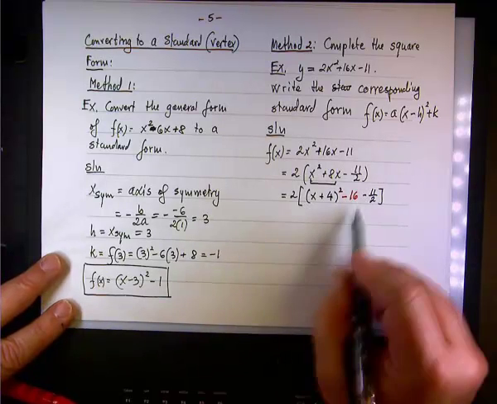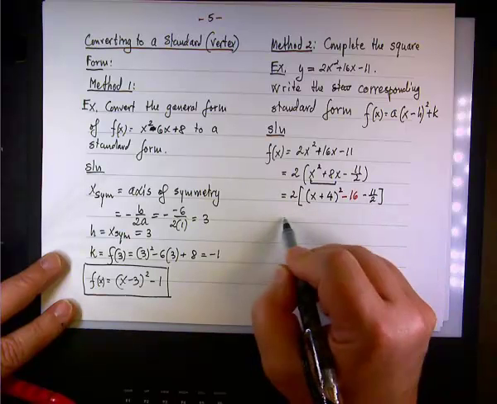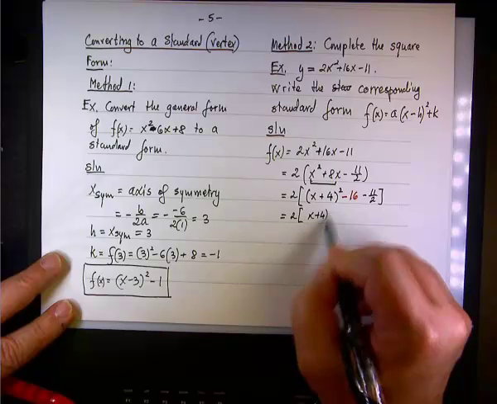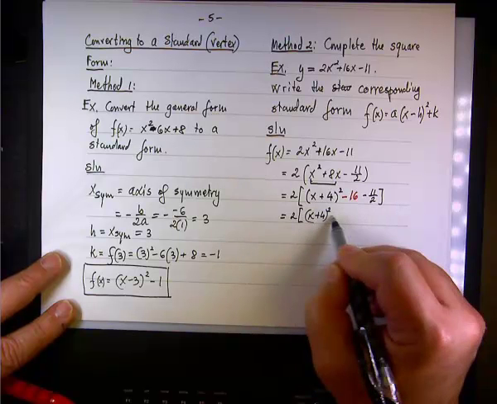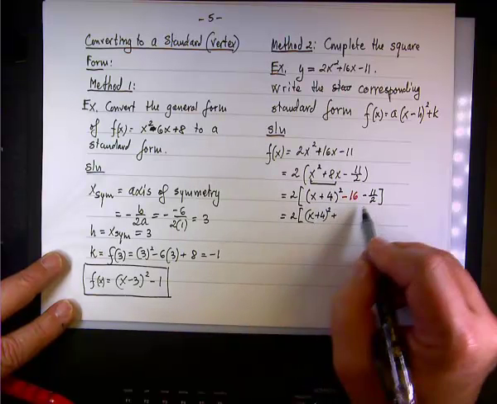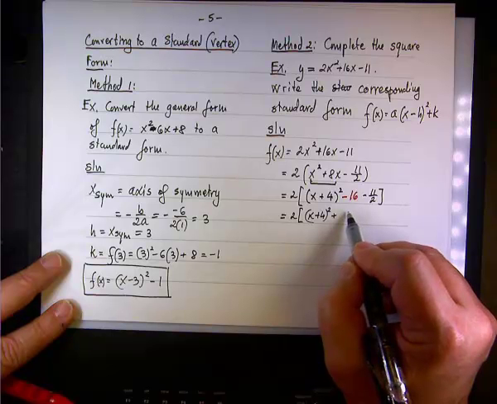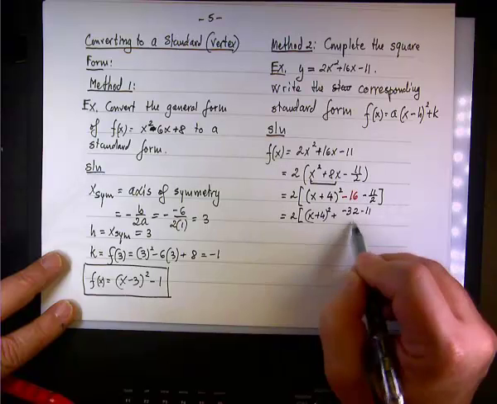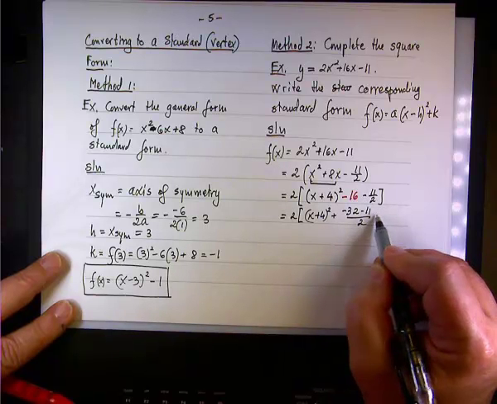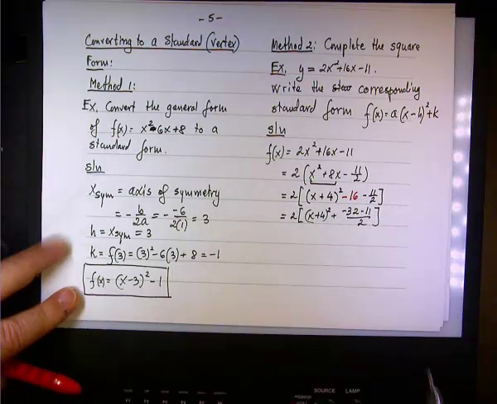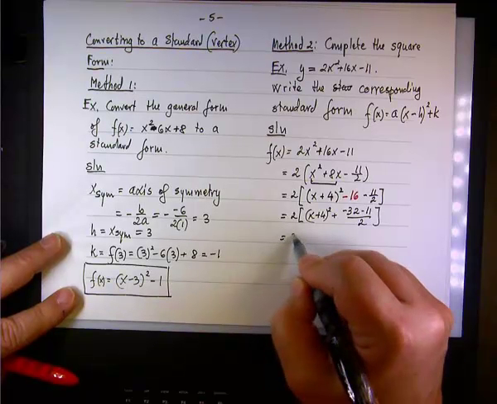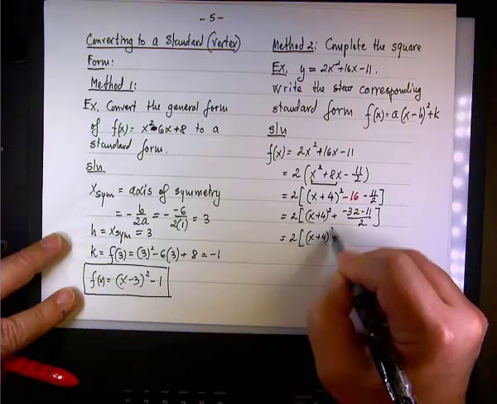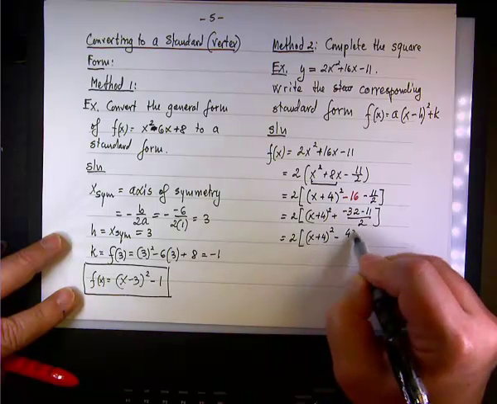And now I'm going to combine the 3 terms together and get x plus 4 squared, and with common denominator, negative 16 becomes negative 32, for a total of negative 43. So we have 2 times x plus 4 squared minus 43 over 2.